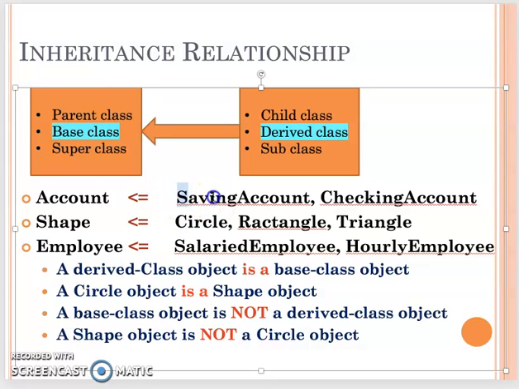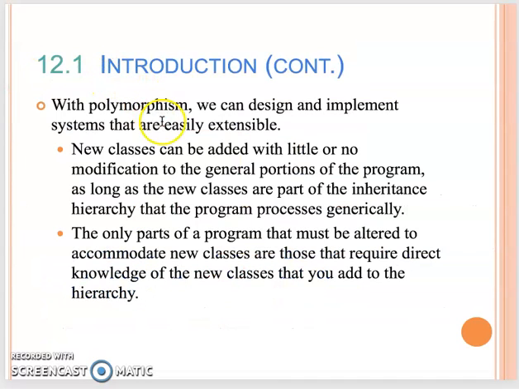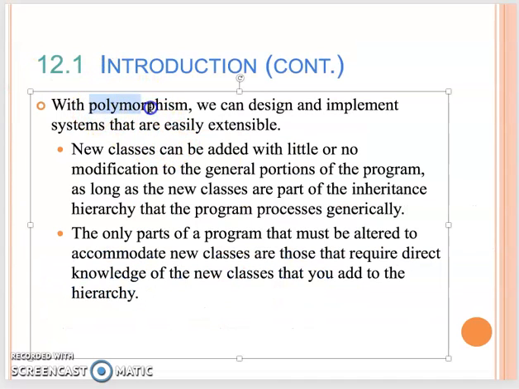I can say a saving account is a saving account object, but I can also say a saving account object is an account object. The is-a relationship came from the inheritance relationship, and the is-a relationship brings us the polymorphism relationship.